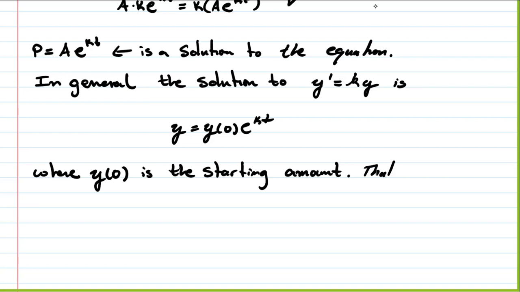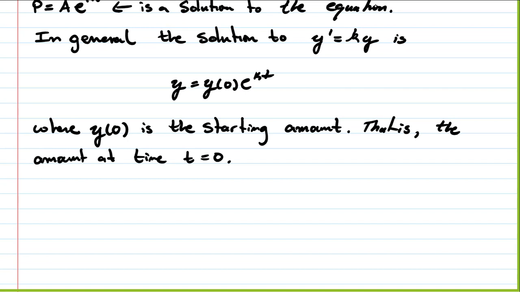That is the amount at time t equals 0. Y of 0 is called the initial condition.